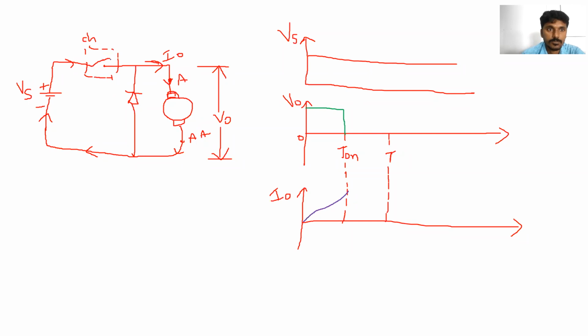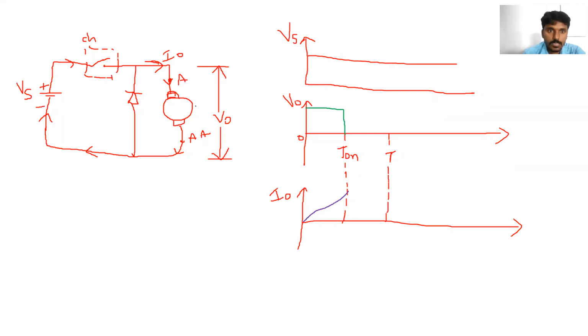Say yes or no. If the switch is open, it becomes an open circuit. If it is an open circuit, is any current flowing? No. So the supply voltage is not connected to the armature terminal.